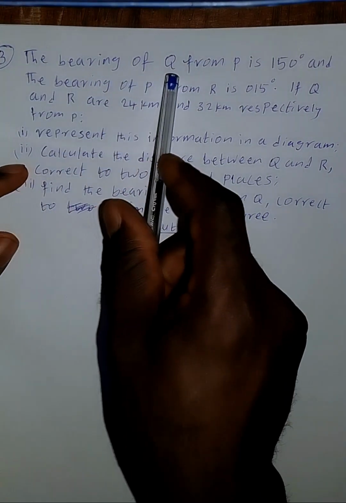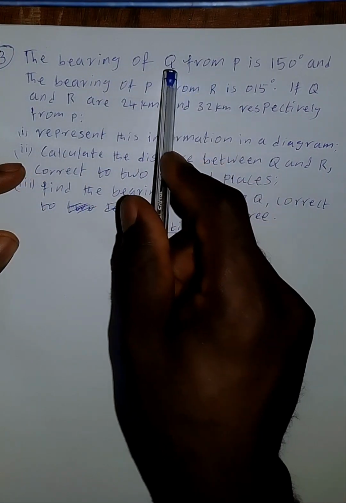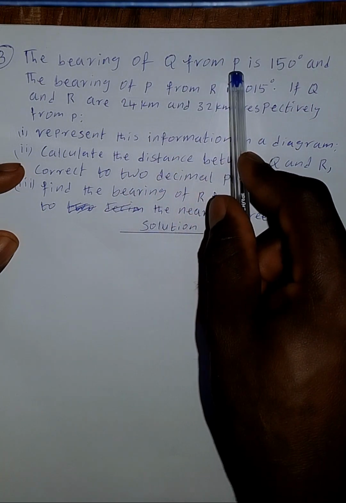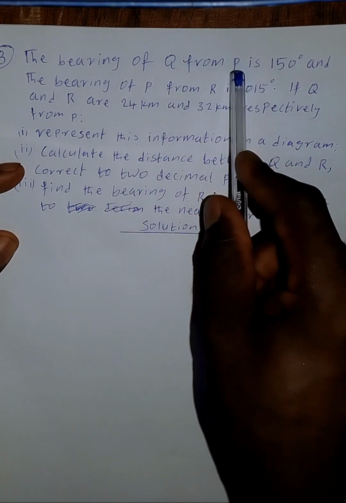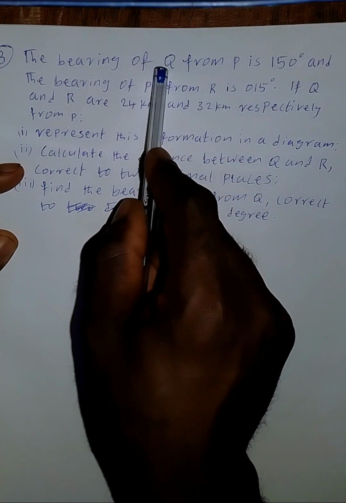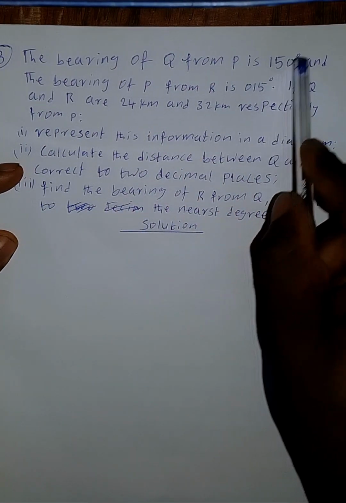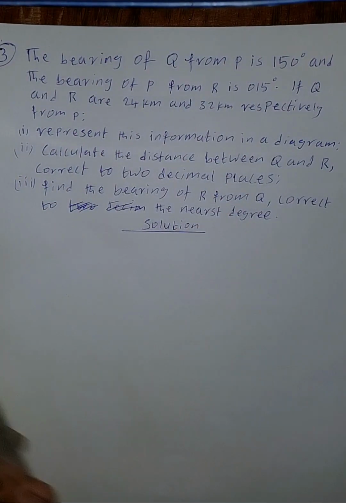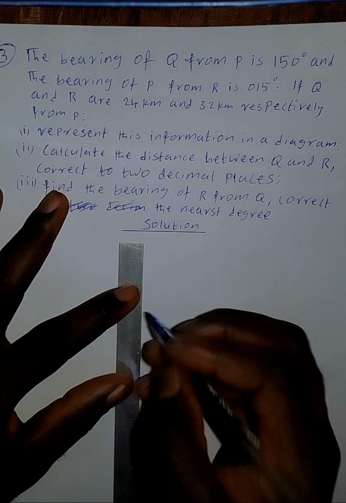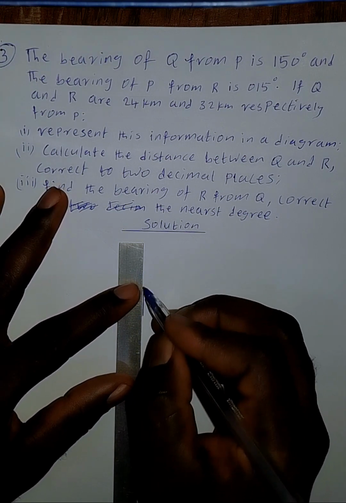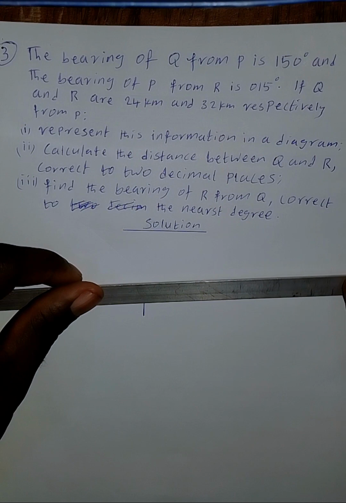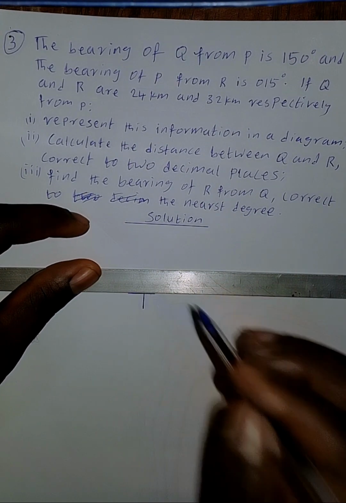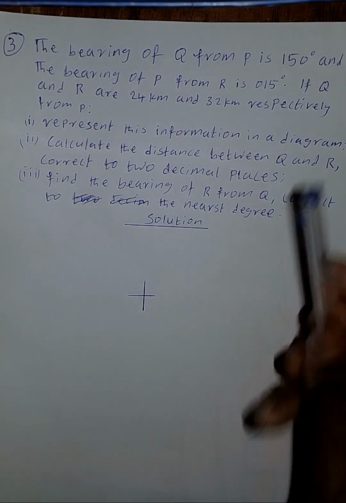The bearing of Q from P. The bearing was taken from P. So I will draw the 4 cardinal points and call that point P. For me to locate Q, you turn 150 degrees from north of P. That will give me Q. So you could draw your 4 cardinal points. Call this point P.